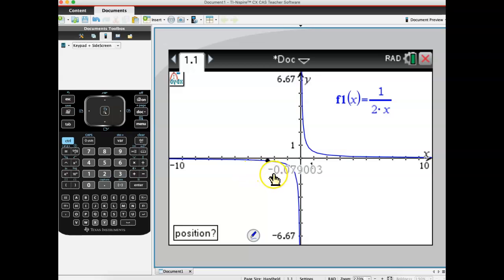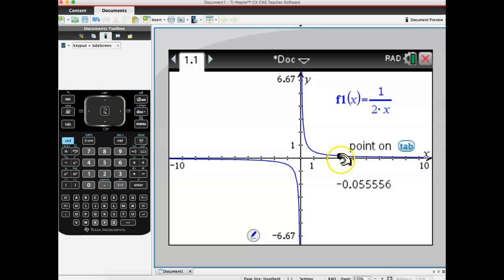You can see that dot's moving around on me. But if I actually type in a 3 and hit enter, it takes me straight to the position where, when x is 3, my slope is -0.5555556. Do you know what -1 over 18 is? That's what it is when it's rounded off.